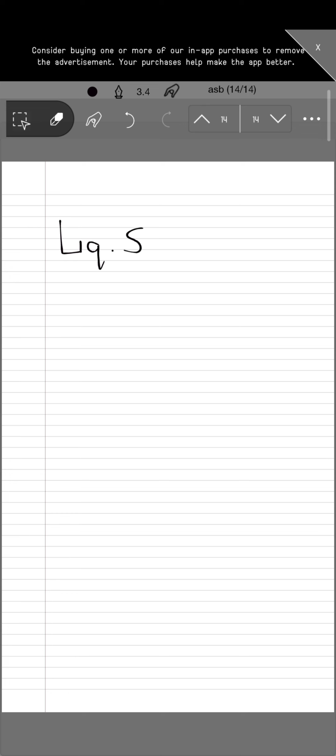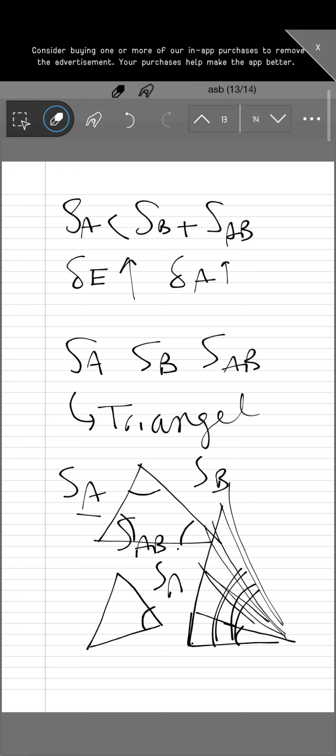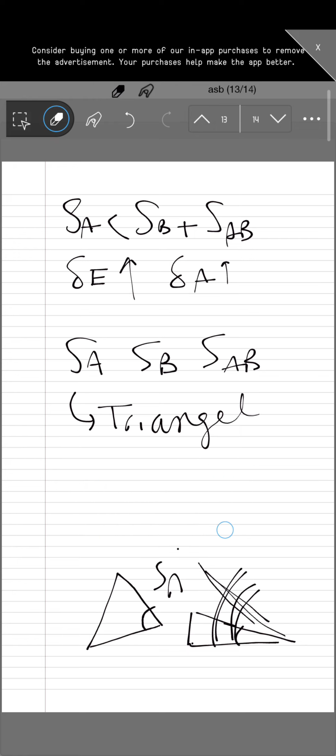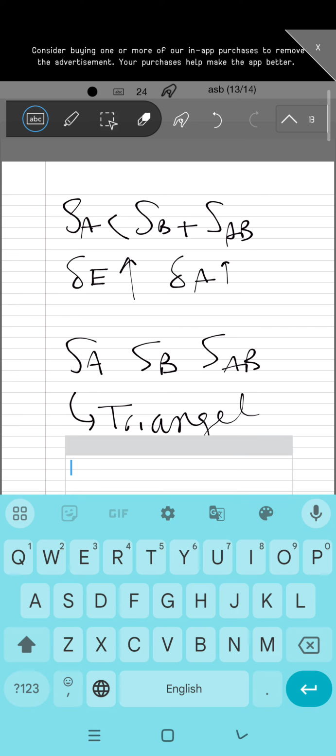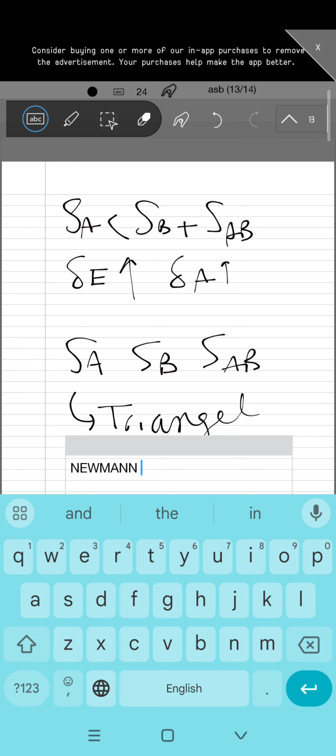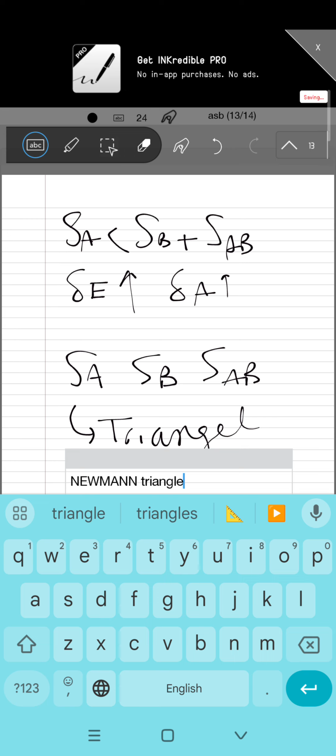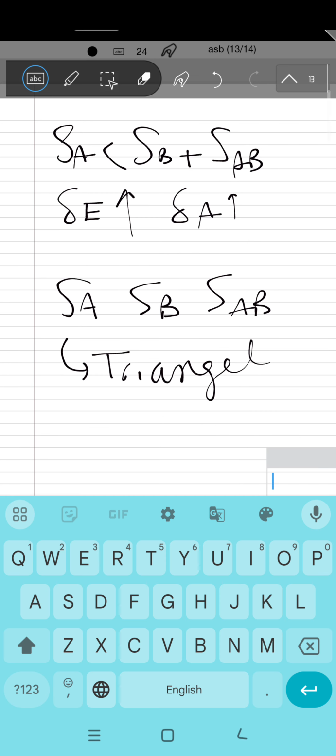Okay, now previously this triangle has got a name. The triangle formed by SA and SB and SC is called Newman's triangle.